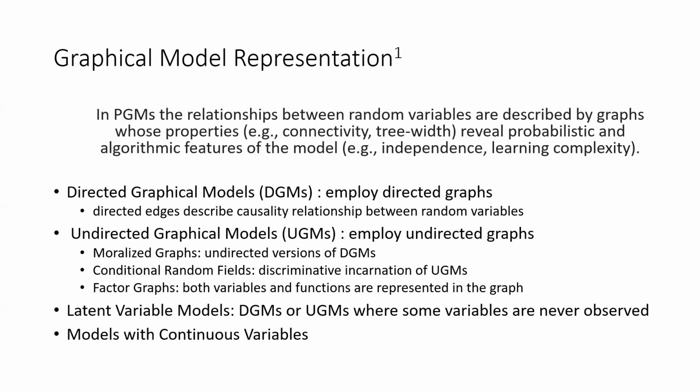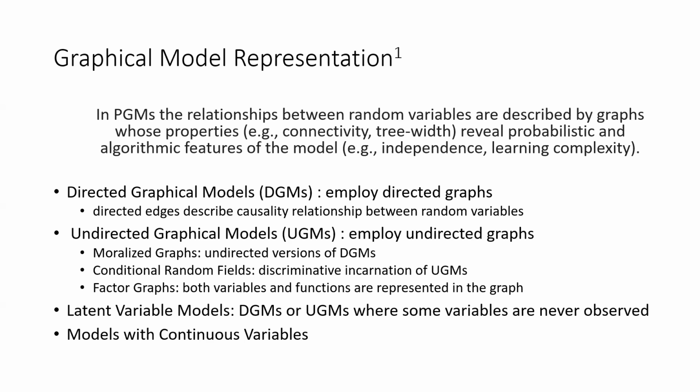The other big category is undirected graphical models, which, as their name implies, employ undirected graphs. Examples are moralized graphs, which we'll see, the undirected versions of directed graphical models.